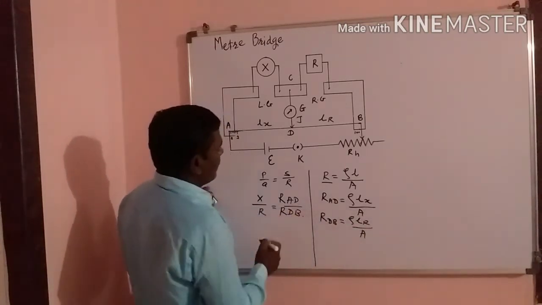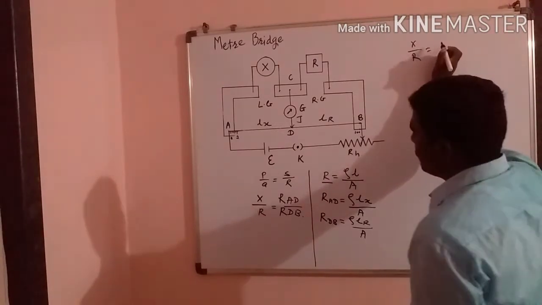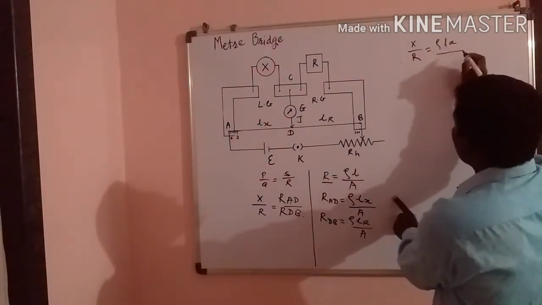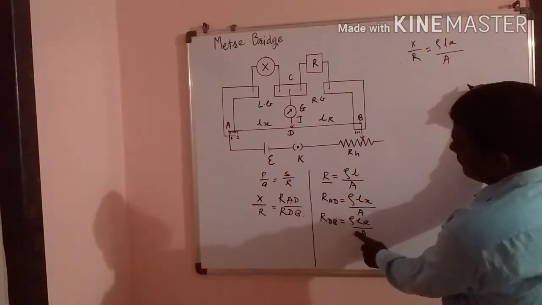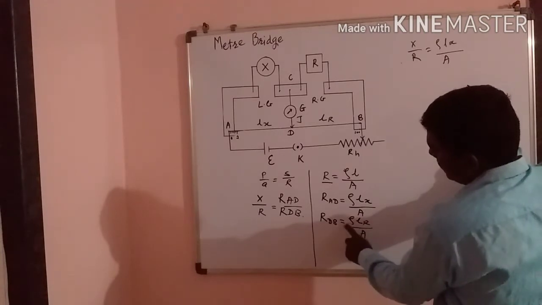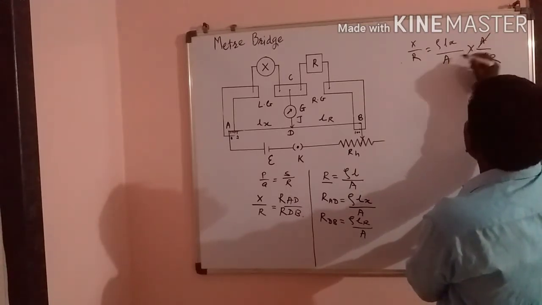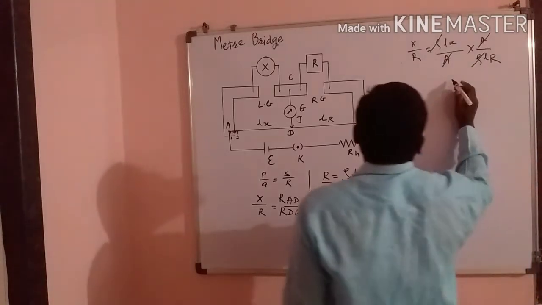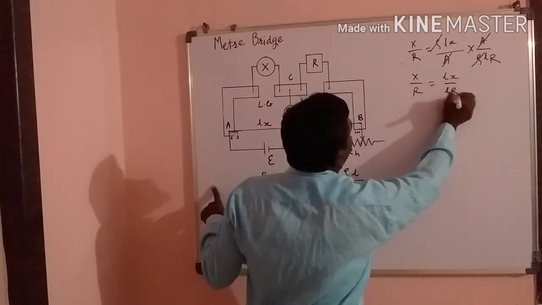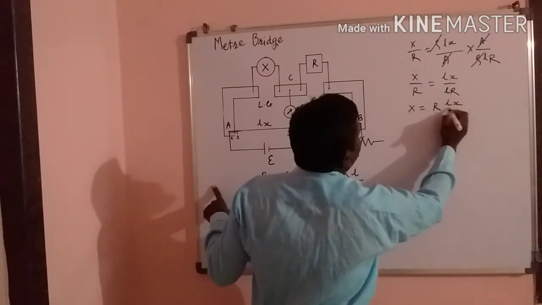When we substitute these values, X upon R is equal to R_AD upon R_DB, that is rho Lx upon A divided by rho Lr upon A. The numerator and denominator are inverted for the division, so we get A upon rho Lr, and the common terms cancel. We get X by R is equal to Lx upon Lr, and from this we can find the unknown resistance: X is equal to R Lx upon Lr.